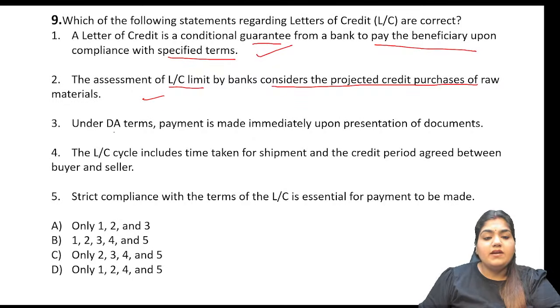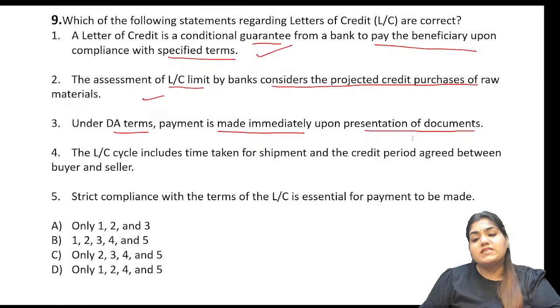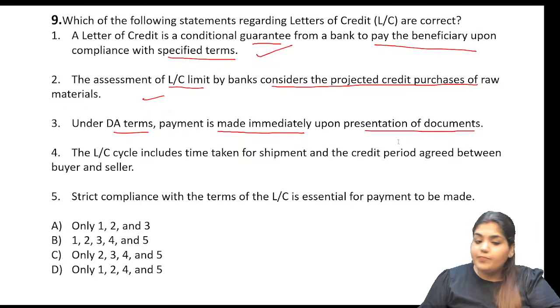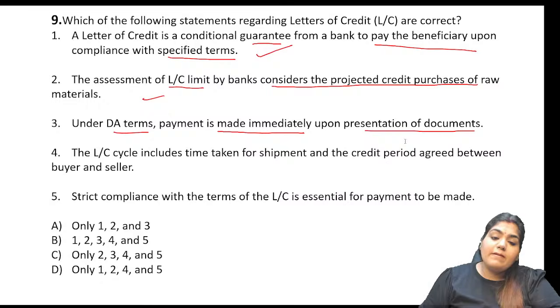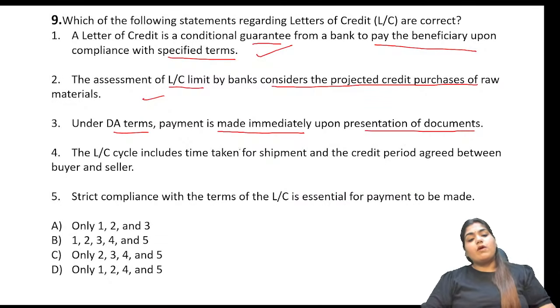Statement: in DA terms, payment is made immediately upon presentation of the documents. DA means documents against acceptance. When the acceptance happens, the buyer accepts the bill of exchange and agrees to pay at a future date. Not immediately. Immediate payment happens in DP, that is documents against payment. We wait for the acceptance to happen. Statement number 3 is incorrect.